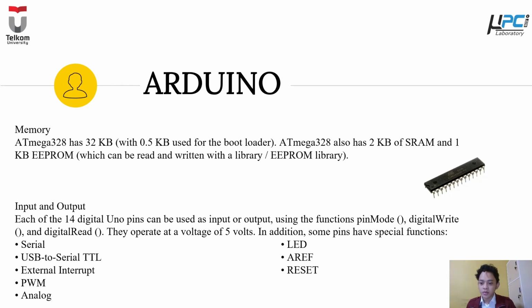And for input-output, each of the 14 digital Uno pins can be used as input or output using the functions pinMode, digitalWrite, and digitalRead. They operate at a voltage of 5 volts. In addition, some pins have special functions. There are serial, USB to serial, external interrupt, PWM, analog, LED, RF, and reset.